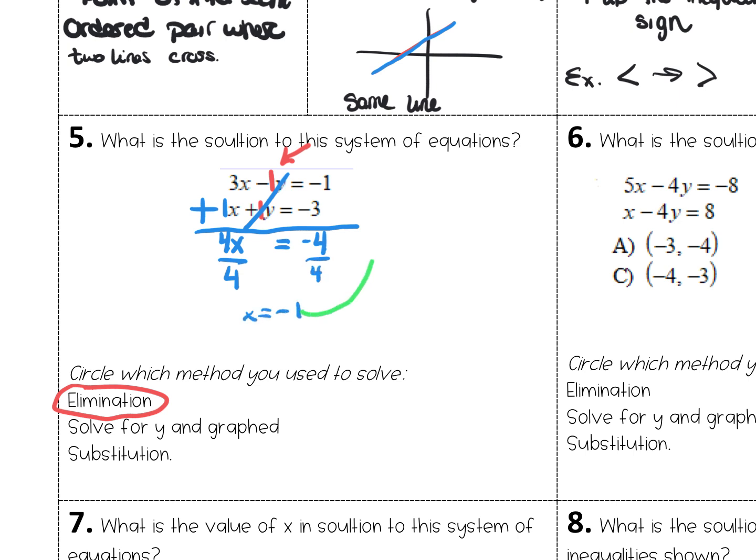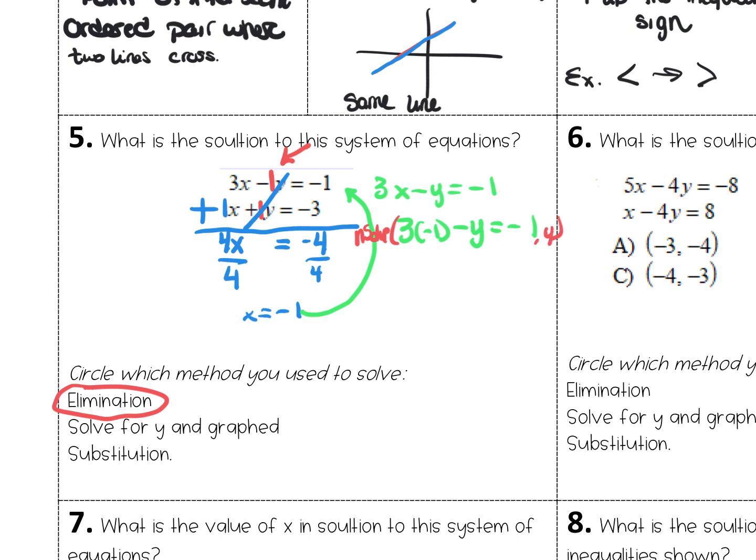Then all I got to do is take either equation. I'm going to use the top one, and I'm going to plug my value back in. So I had 3x minus y equals -1. I'm going to plug my x in. So I get 3 times -1 minus y equals -1. Now you can absolutely, and you are encouraged to, check your answer by unsolving it.